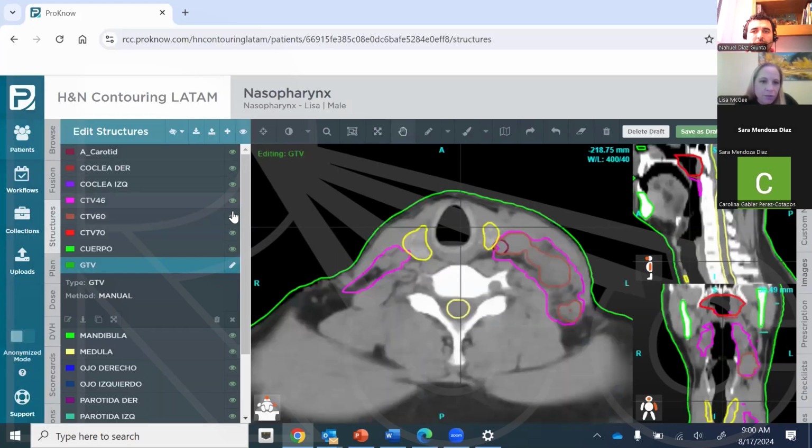And I'm going to turn the CTs off for just a moment so that we can look at this example. That we have quite a bit of lymphadenopathy here.